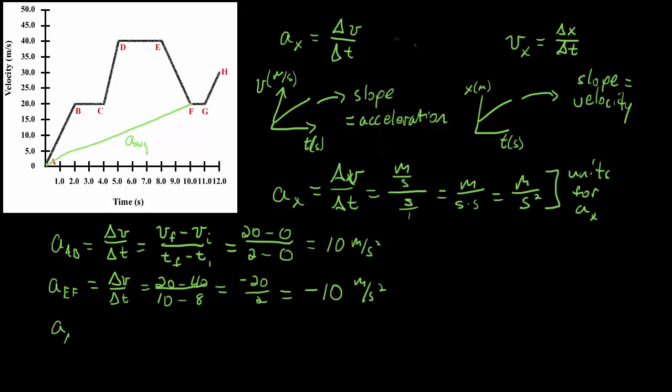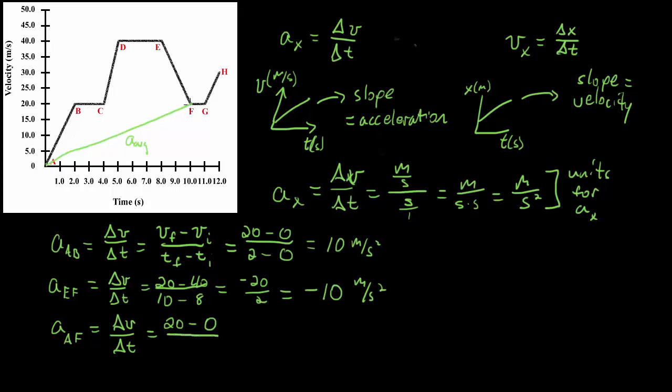So my acceleration from A to F is going to be the change in velocity over time. So I find my final velocity, which is 20, minus my initial velocity, which is 0. My initial time is also going to be 0.